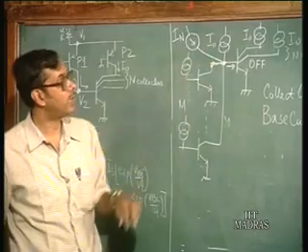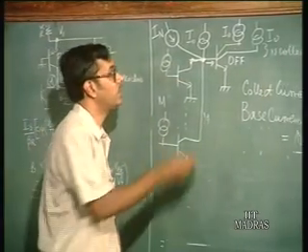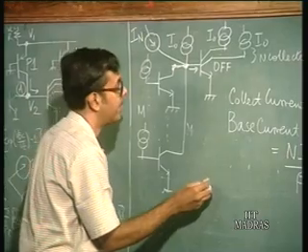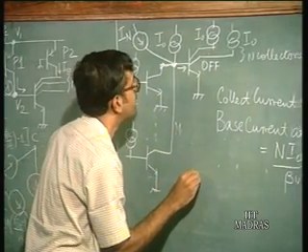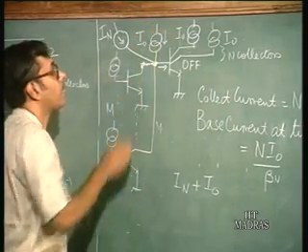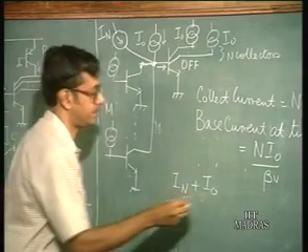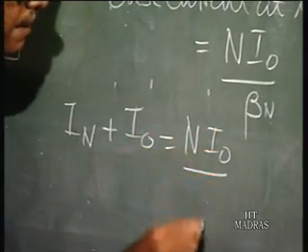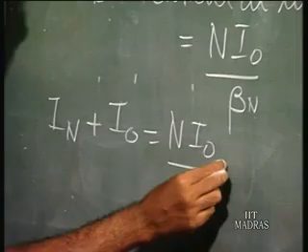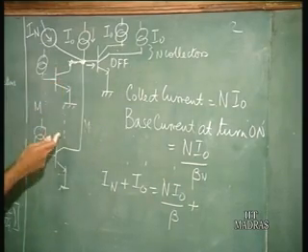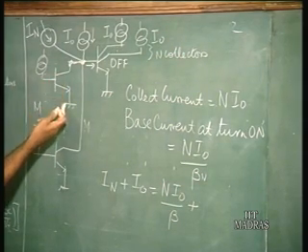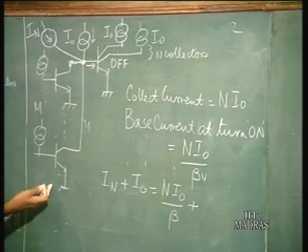Now, at this node, if you write the nodal equation, the currents flowing in are I n plus I naught, which equals n I naught by beta, plus, here you can have a condition where one transistor is on, two transistors are on, or all m transistors are on.